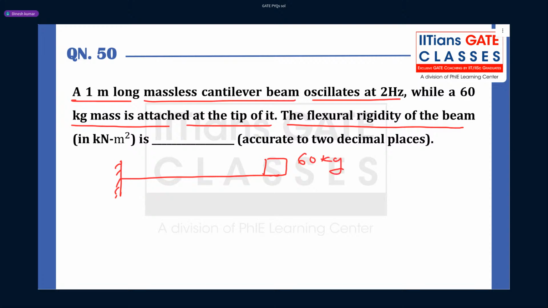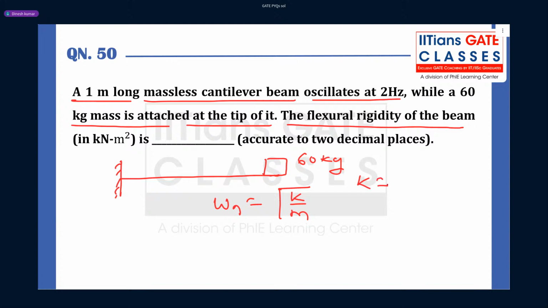Now guys, we already know for a cantilever beam, if it is idealized, the total mass acts at the free end or at the tip. What is the natural frequency? Omega n will be under root k by m. And what is the k in this case?